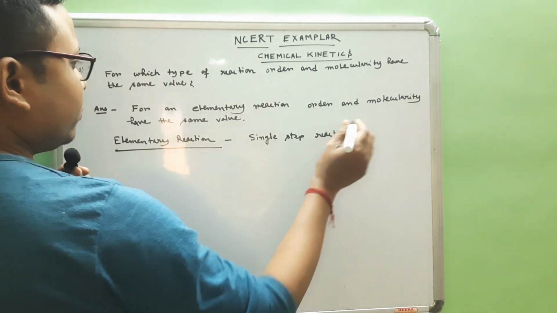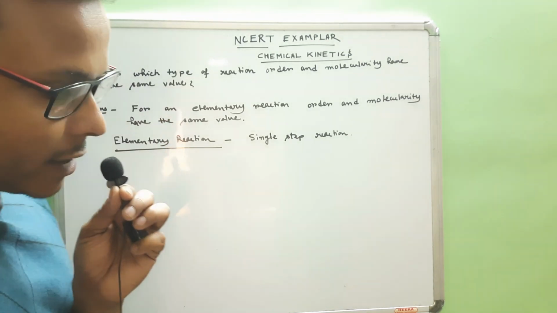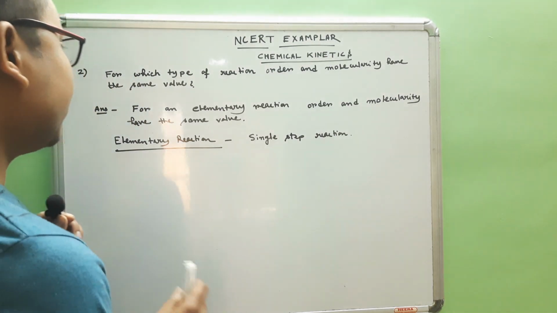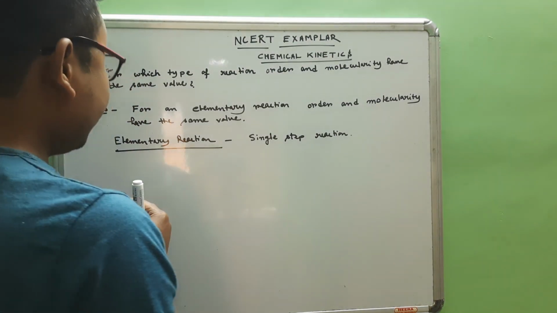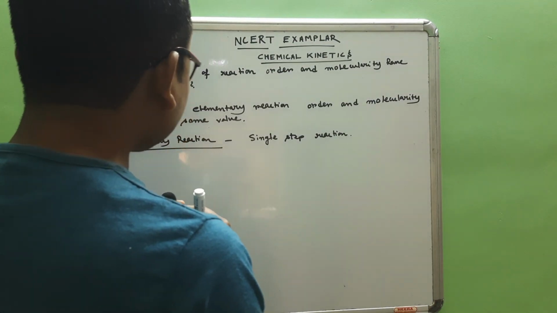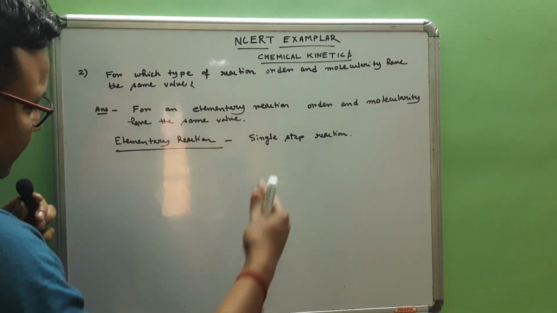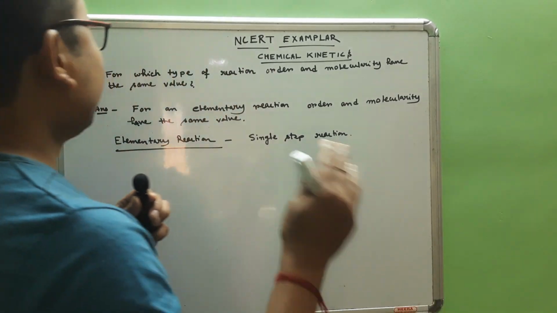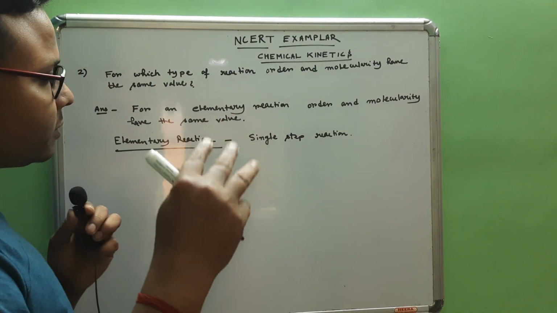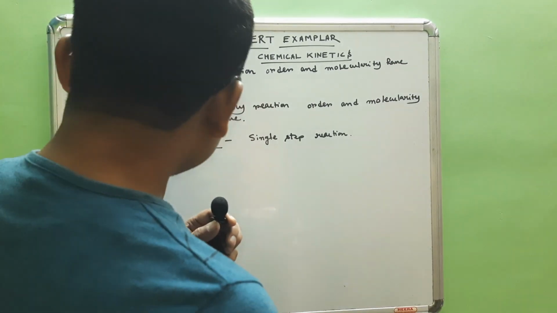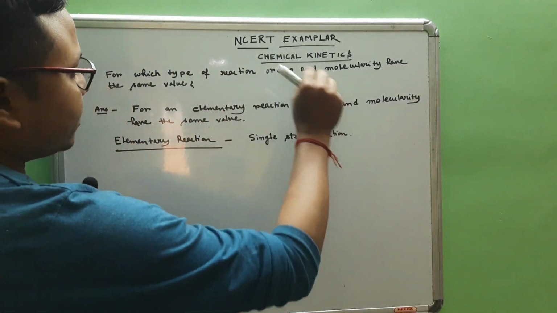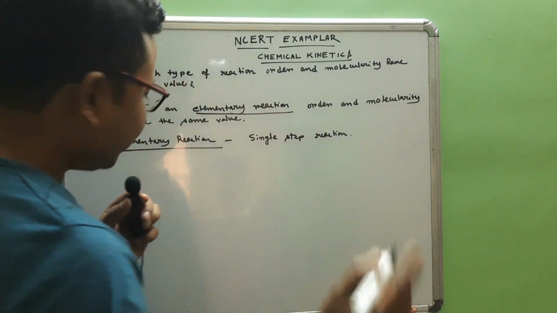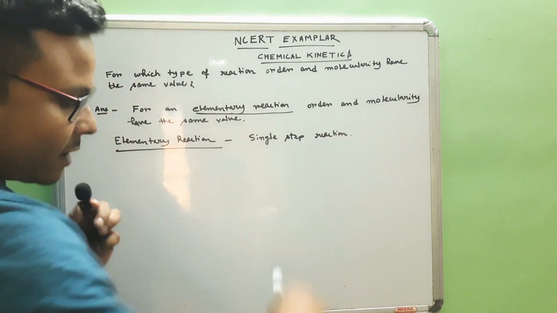And we know from our previous class that the molecularity of the reaction is nothing but the number of molecules present in the single step reaction. So for a single step reaction, the number of molecules of the reactants present in the reaction is exactly equal to the order of the reaction. So the answer will be the elementary reaction, which is a single step reaction.